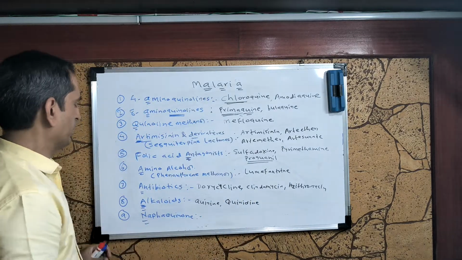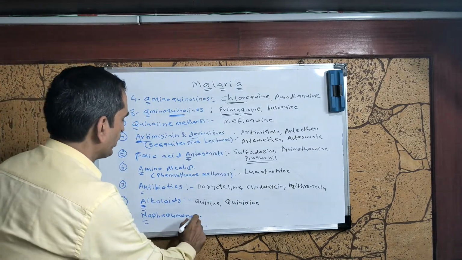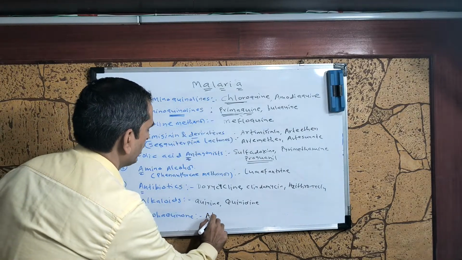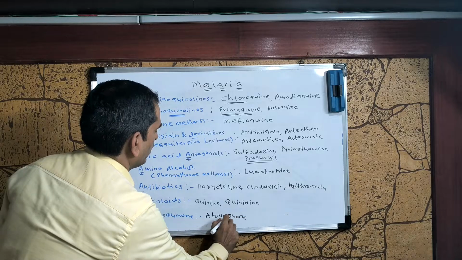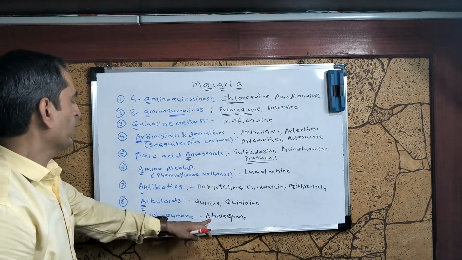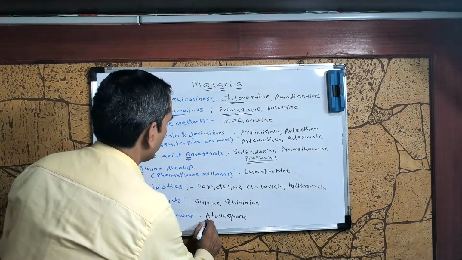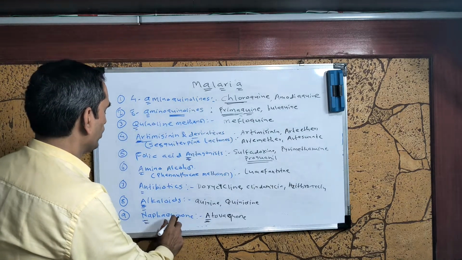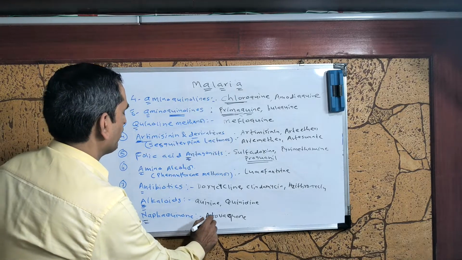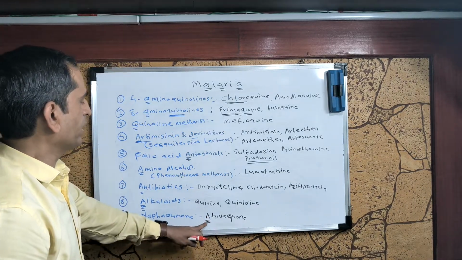So these are alkaloids. Naphthoquinone, example is atovaquone. Atovaquone, just remember it is starting here with A. So again, although the category is naphthoquinones, the example is atovaquone and it is starting with A.